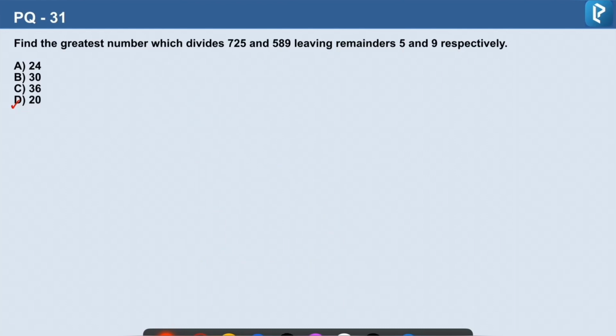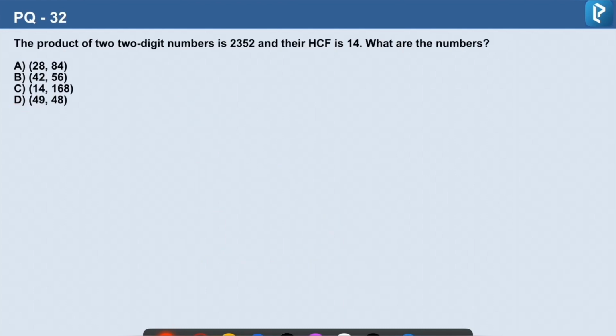Question number 32. The product of two two-digit numbers is 2352 and their HCF is 14. What are the numbers? Let us assume the numbers as 14x and 14y. Because 14 is the HCF, x and y are co-primes.